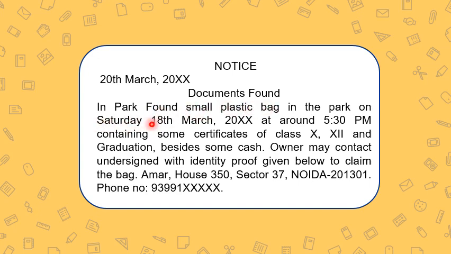The day, the date, the time has been mentioned here. The details of the contents. It has certificates of class 10 and 12 and graduation along with some cash. The owner can contact the undersigned with identity proof, and the address and phone number of the person who has found it has been mentioned.